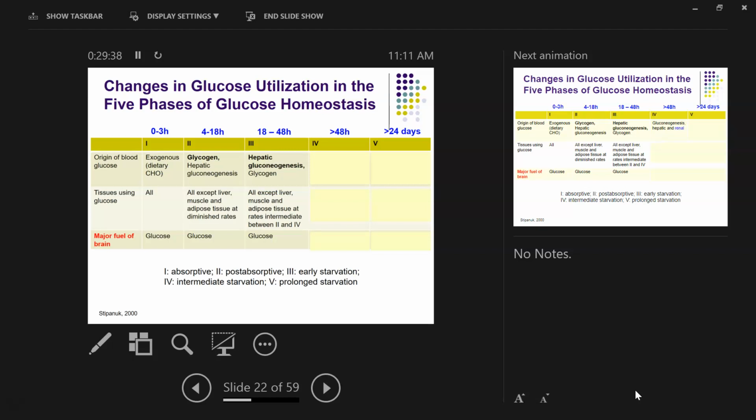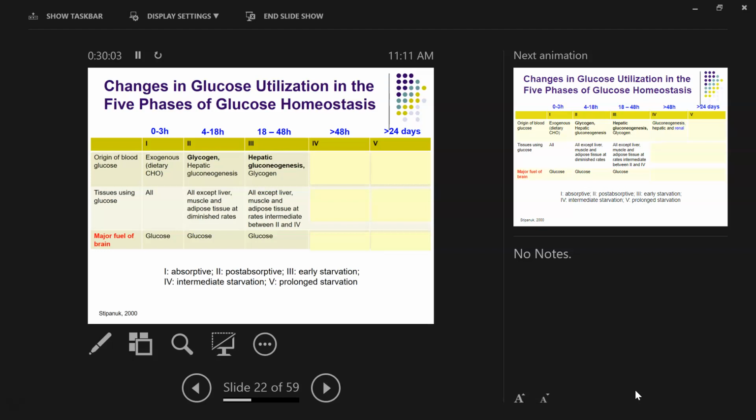So ketone bodies, we know, our body starts to make ketone bodies when? How many days or how many hours? 2 days, right? So within the 48 hours of starvation, the brain will still utilize mainly glucose for energy, right?